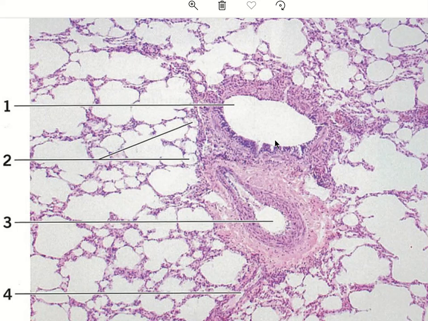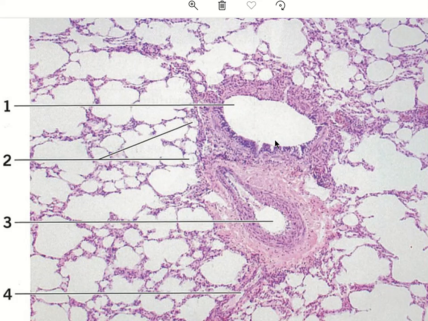Okay, so looking at these pictures we have here, can you tell which one is a bronchiole versus which one may be a blood vessel? So I want you to recall that terminal bronchioles are the very end of your conducting zone, and they terminate the conducting zone, so it makes sense, right?